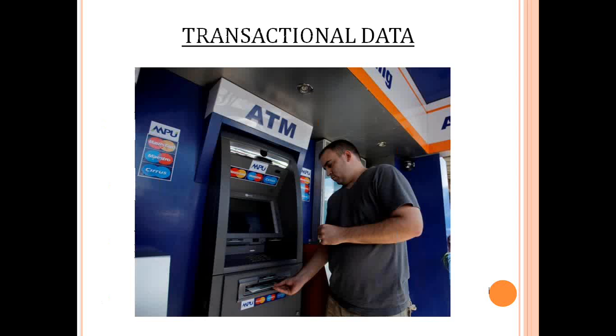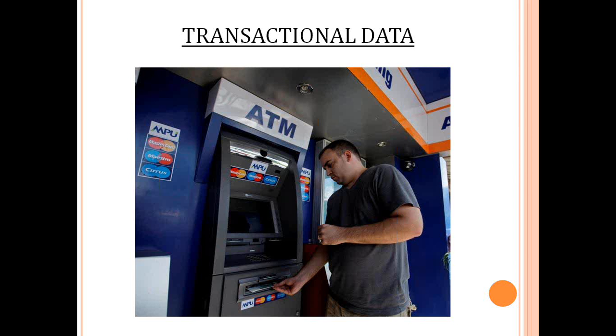So based on the transactional data, we cannot analyze your account, or your business, anything. In an ATM, the transactional data means only day-to-day data, runtime data or current data.